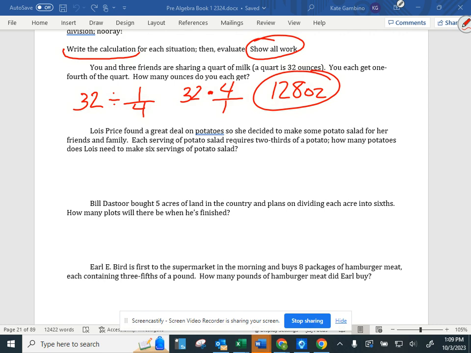Oh. It sounded right. We're dividing it into fours. Why does my answer not make sense? Why is that not logical? What do you think, Lauren? So I divided by a fourth.